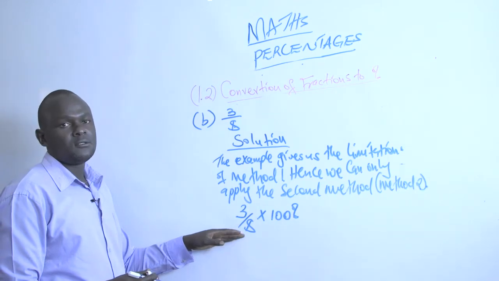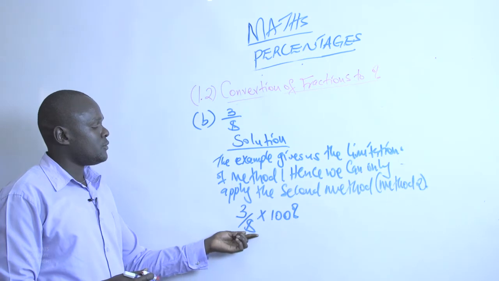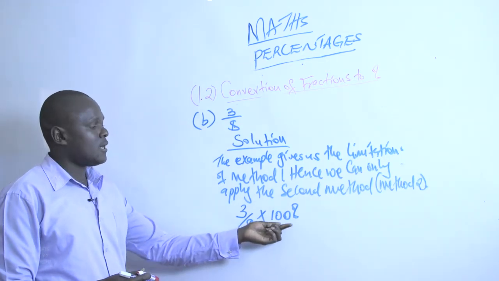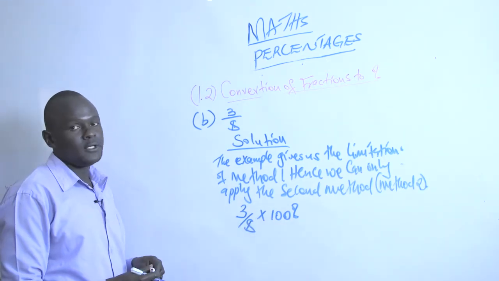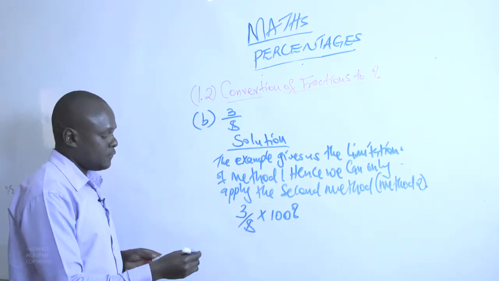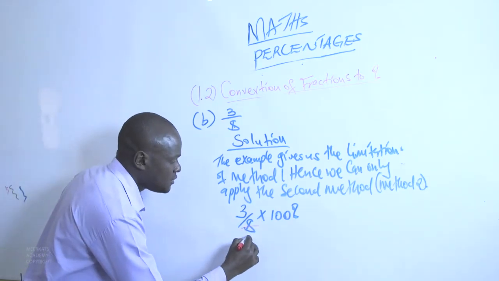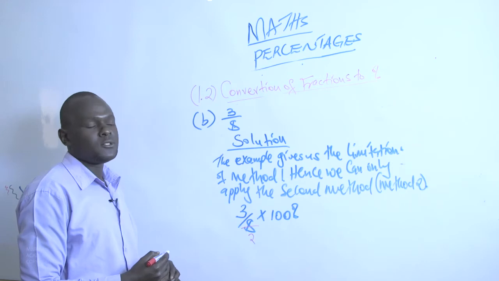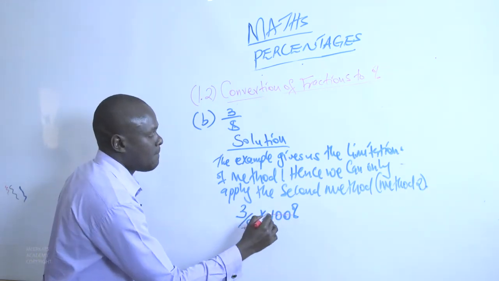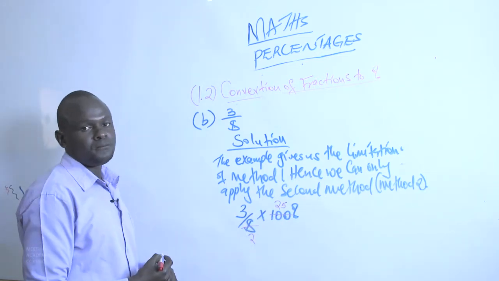We will need to cancel out the common factors between this denominator 8 and the number 100 that we have here. And that will be 4. 4 is one of the common factors. 4 goes into 8 2 times, into 100 25 times.